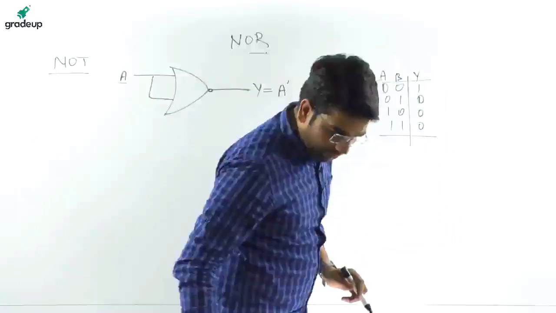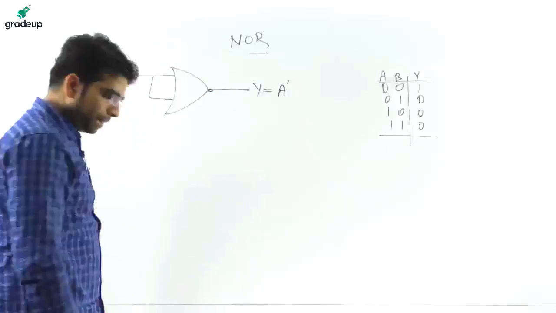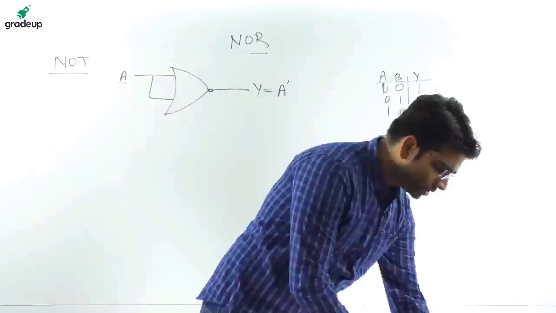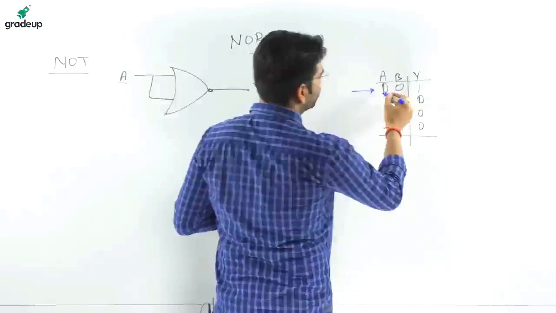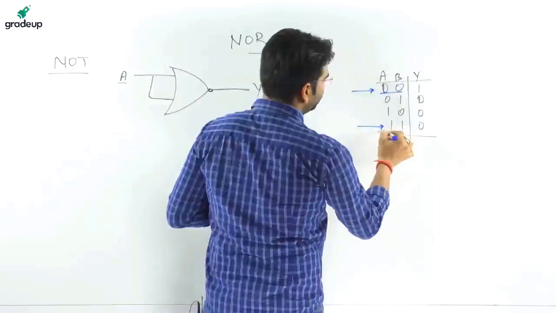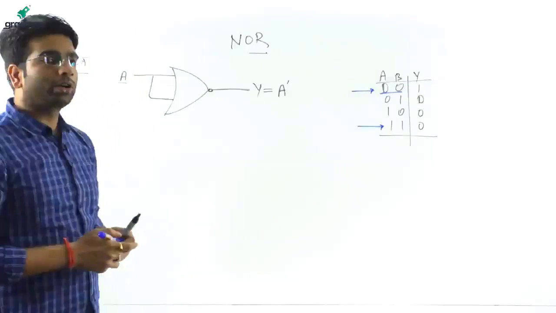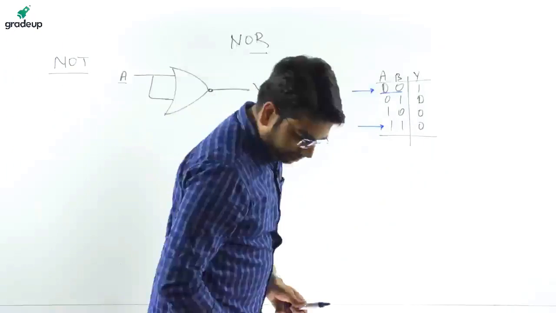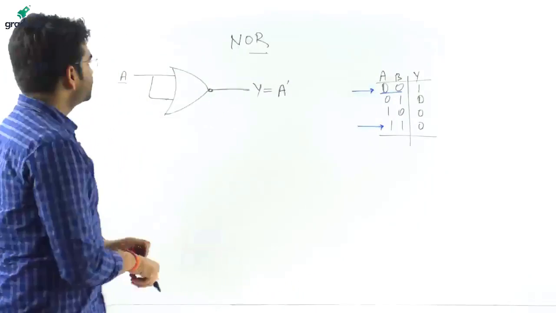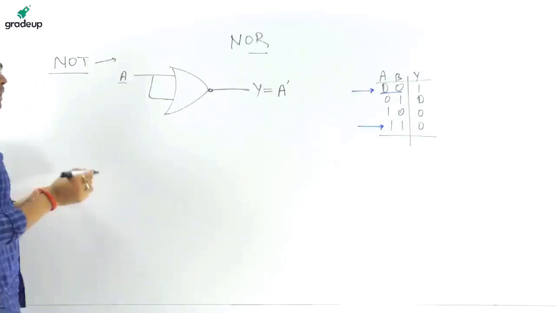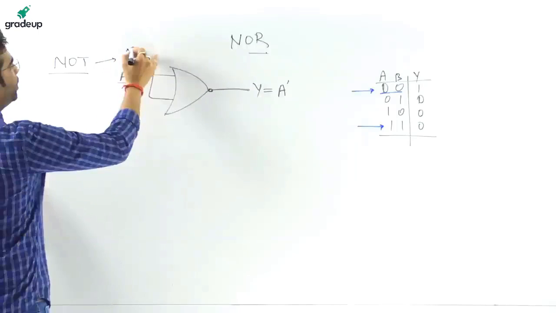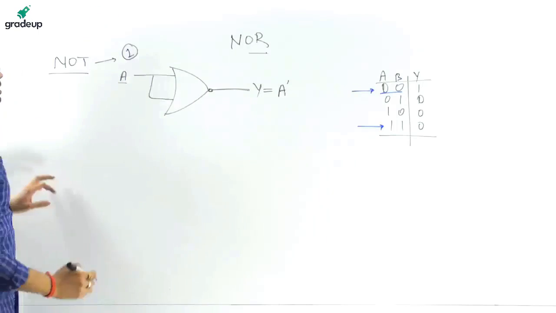See this column. Both the inputs are the same, and what is the output? It is the complement of the input. So we have taken this place that for a NOT gate, one NOR gate is required.